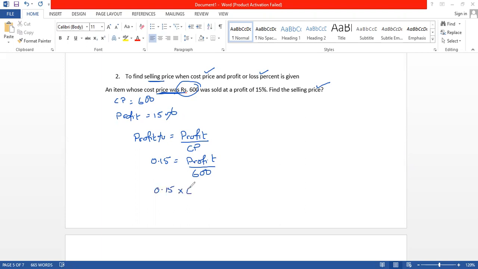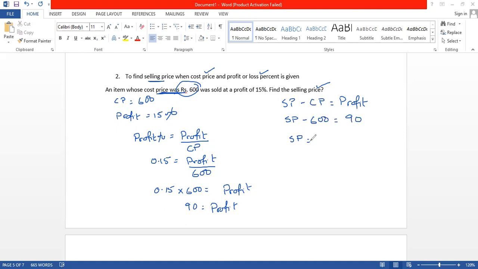0.15 multiplied by 600 would give you the amount of profit. So 0.15 times 600 is 90. And you know that selling price minus cost price gives you your profit. So you have the cost price of 600, and you know that the profit is 90.